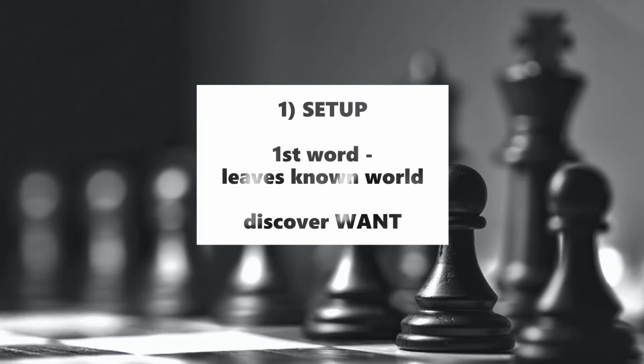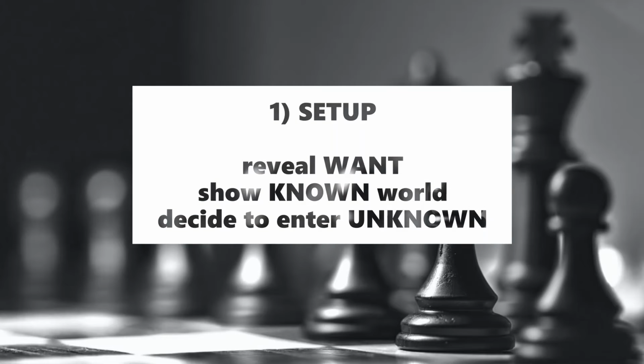So the big jobs you have in the setup here are to reveal what it is the character wants and to show us what their normal world as it is right now is like. Now, at some point, they're going to realize that they cannot have what it is that they want where they are in their known world, and they must decide to leave or enter an unknown world.